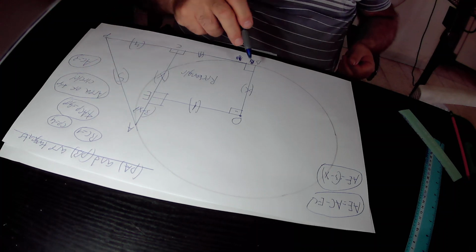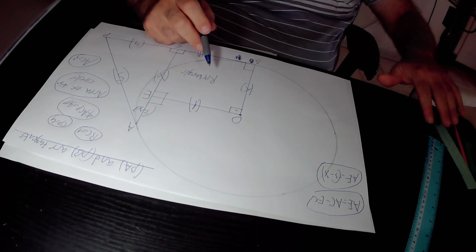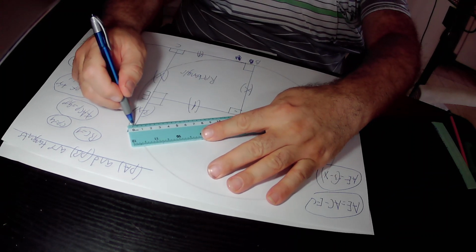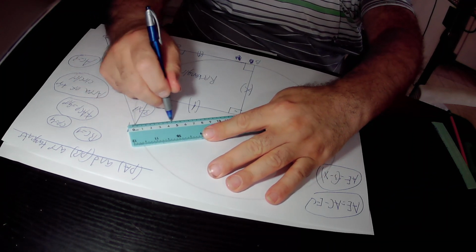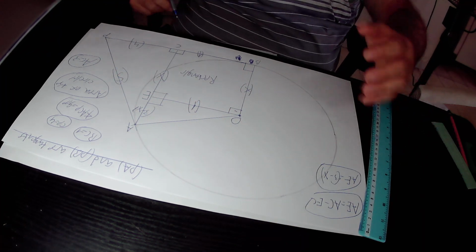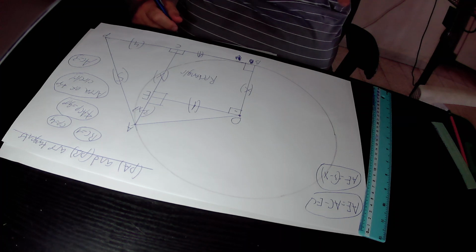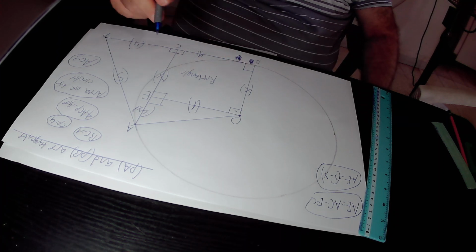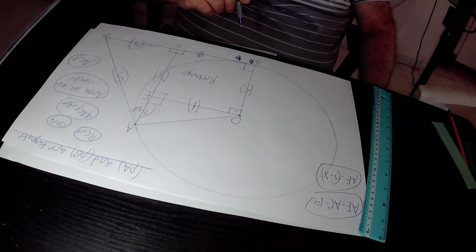The next step, we will join points O and A together by a straight line. What is the definition of line segment OA? Line segment OA starts from point O, that is the center of the circle, and ends at point A, that is a point on the circle itself.